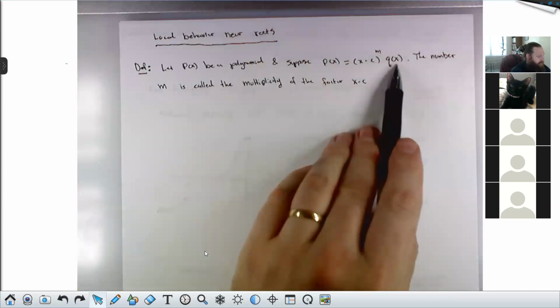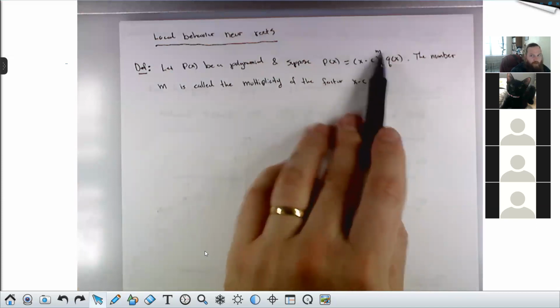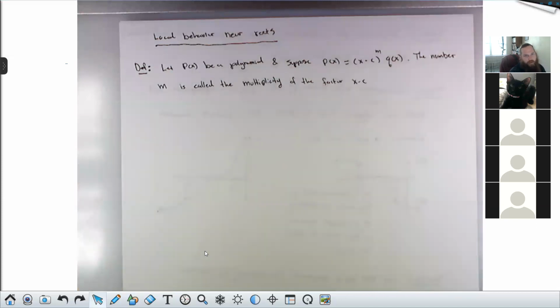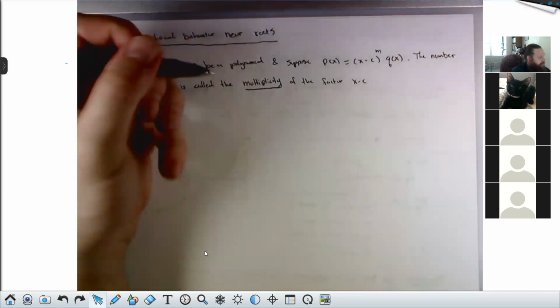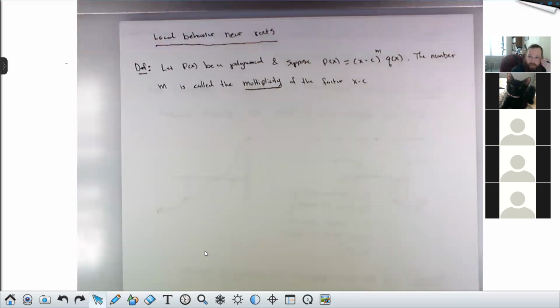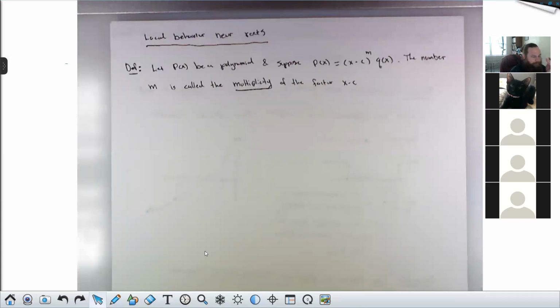Here, q of x does not have any factors of x minus c. So this is kind of, you pulled all of the x minus c factors out that you can. The term we're defining here is multiplicity. And it turns out that the multiplicity of a factor tells you how the graph looks near that root. So factors tell you roots, zeros, x-intercepts. And the multiplicity of the factor tells you what the graph looks like nearby.